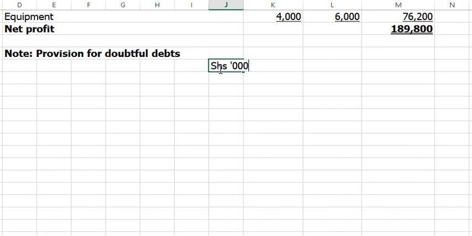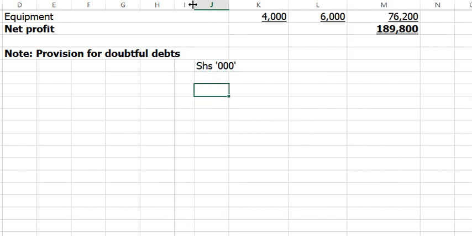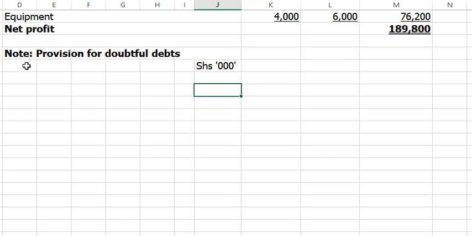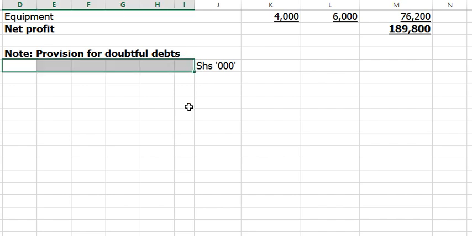If it's a decrease, it will be added to the gross profit. If it's an increase, then it will appear as an operating expense.